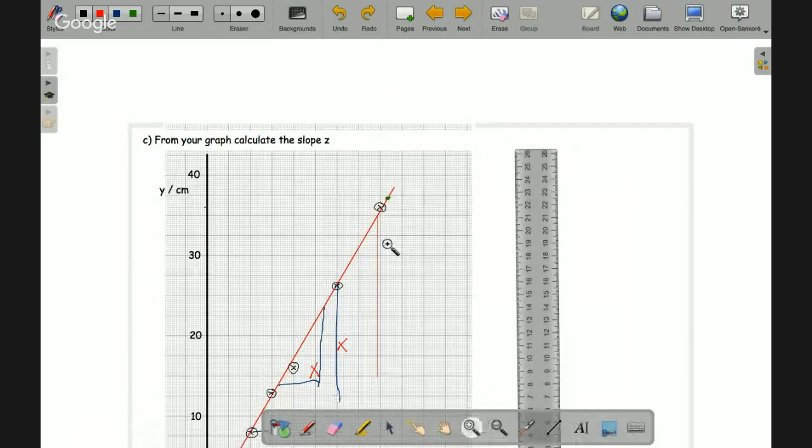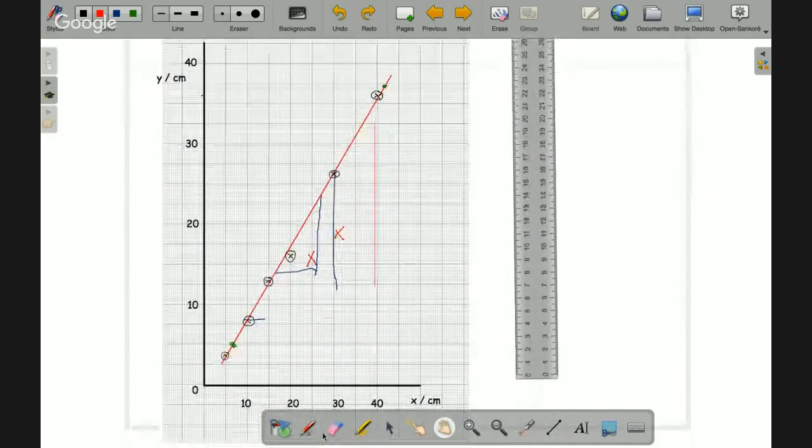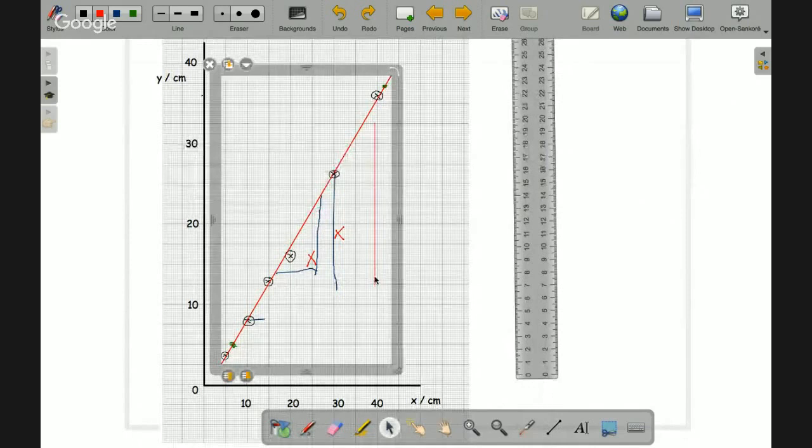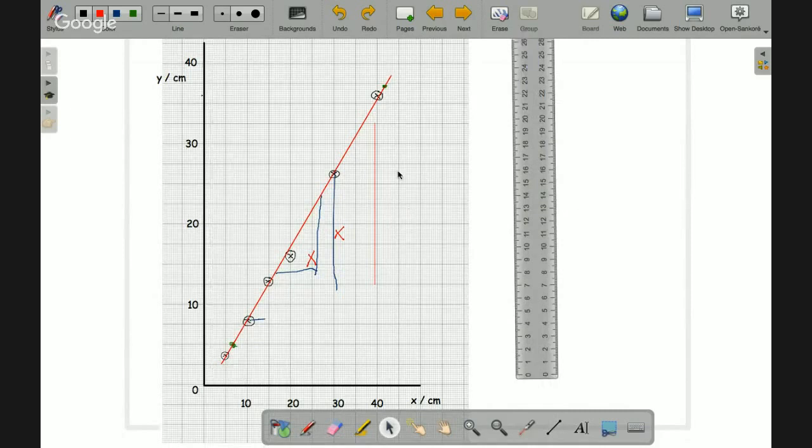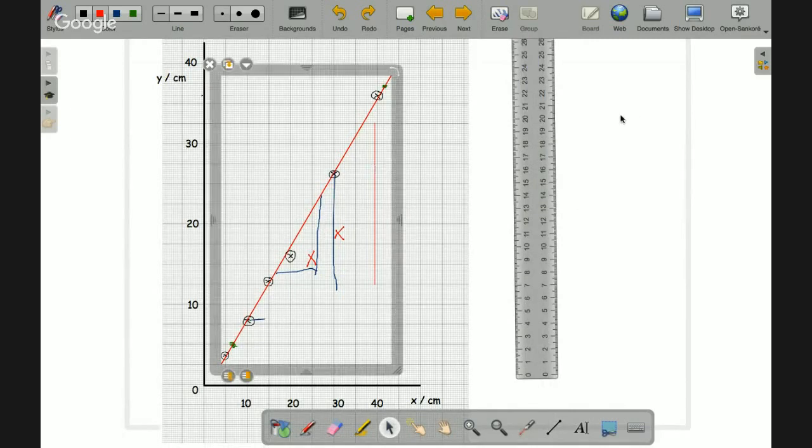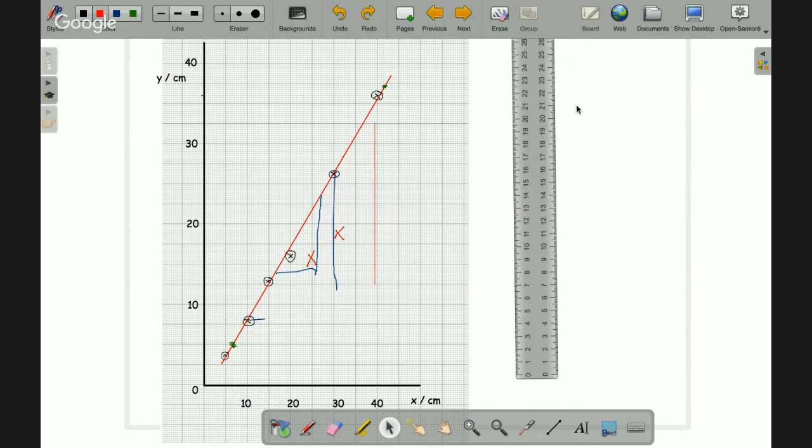Let me try and get this thing done. Okay, it's not cooperating.